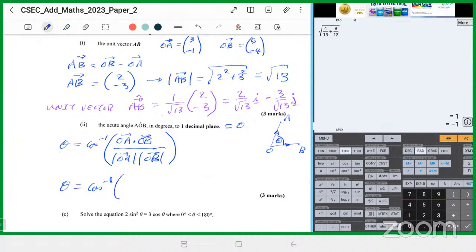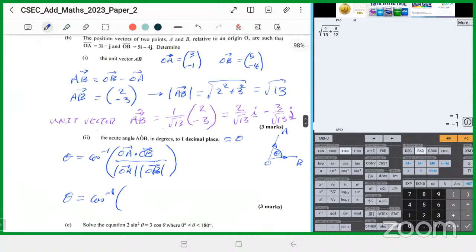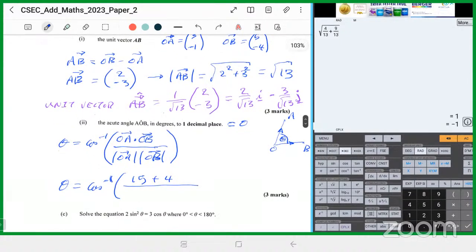What's the scalar product of these two vectors? First we multiply the 3 times the 5, we have 15. Then we multiply the negative 1 times the negative 4, we get a positive 4, over. What's the modulus of this vector? It is the square root of 3 squared plus 1 squared, times, what's the modulus of b?